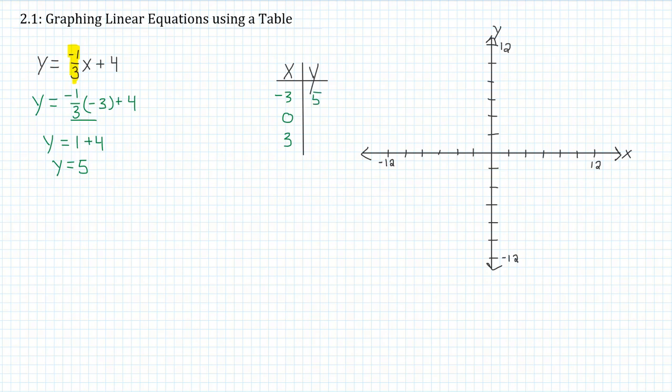So I'm at negative 3, 5. Negative 1/3 times 0 is 0.